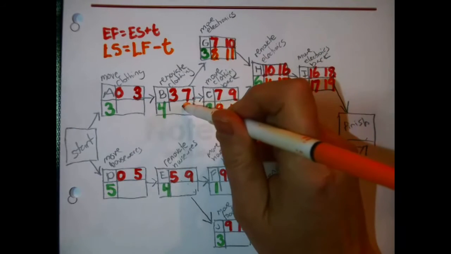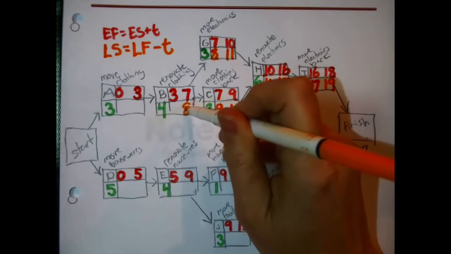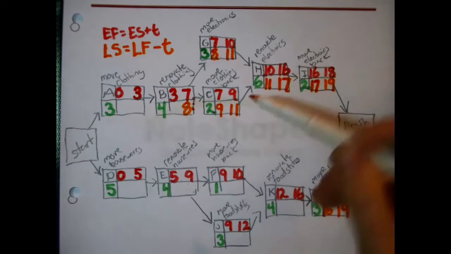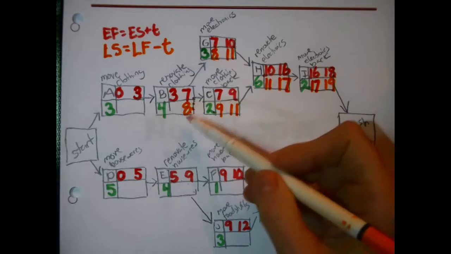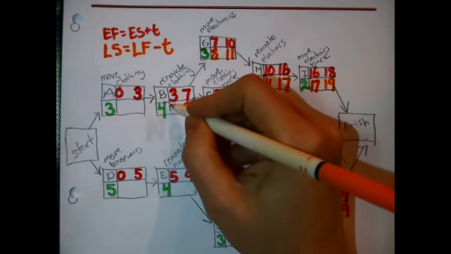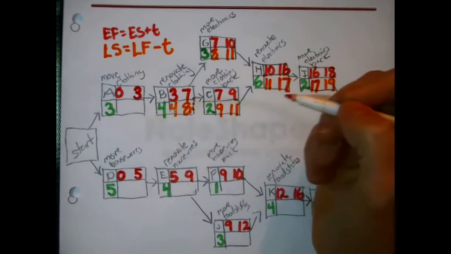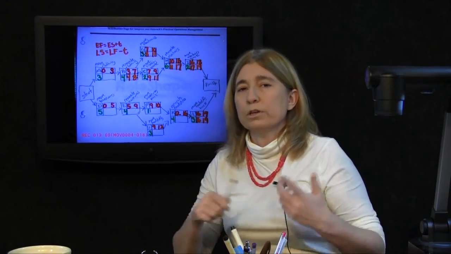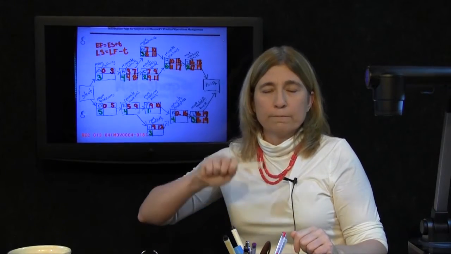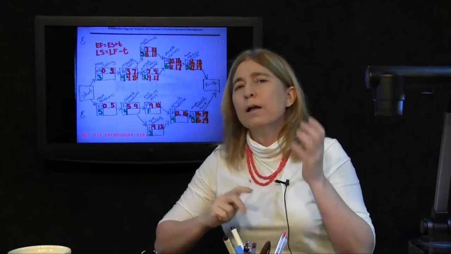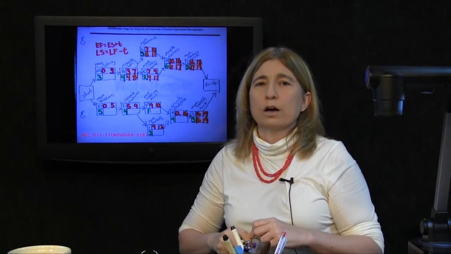Now we pick the smaller. It would have to finish 8 days from now at the latest, because if it didn't, it would mess up G. Okay, and then 8 minus 4, that means it has to start at the latest 4 days from now. And that is known as the late finish time rule. What we just did in general is the late finish time for an activity is equal to, now notice it's the smallest this time, the smallest of all late start times that immediately follow it.